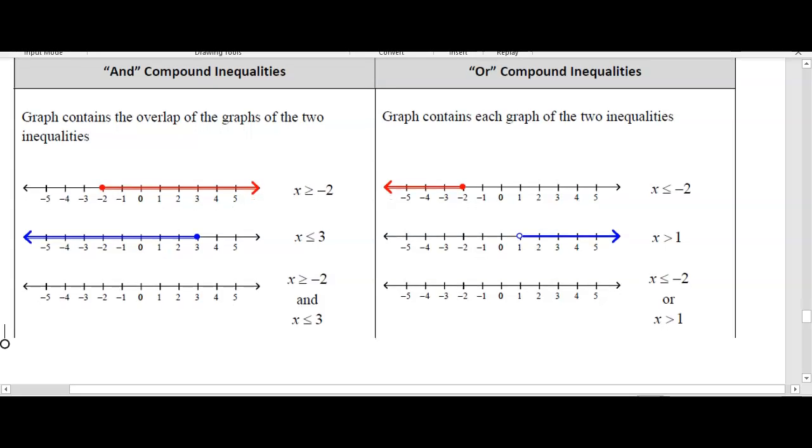So down here, we have two types. We have ands and we have ors.